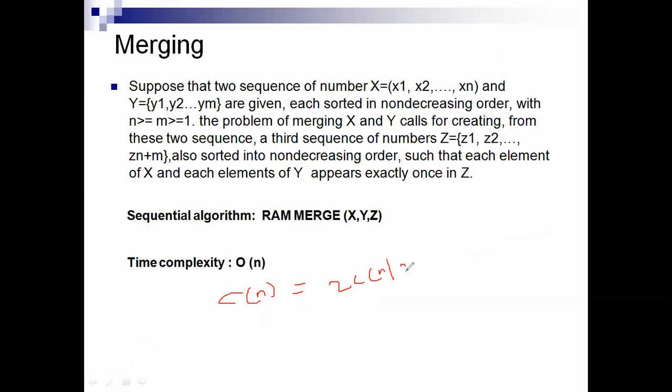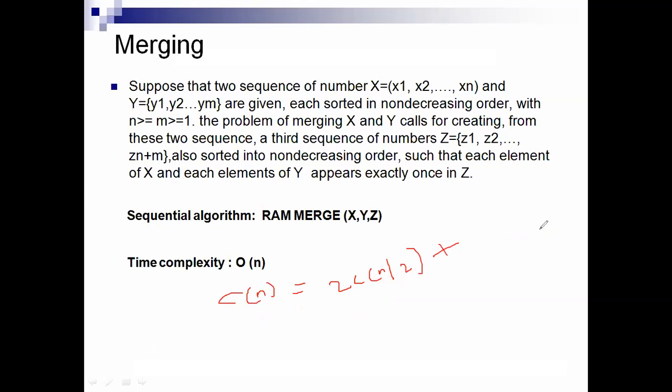So why did I write here 2 into C of n by 2? We are dividing the problem into two subproblems, that is C of n by 2 plus C of n by 2, which we directly write as 2 of C of n by 2. After dividing the problem into subproblems, we perform some sorting.